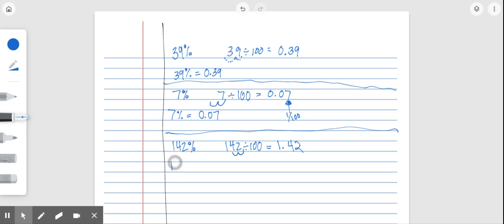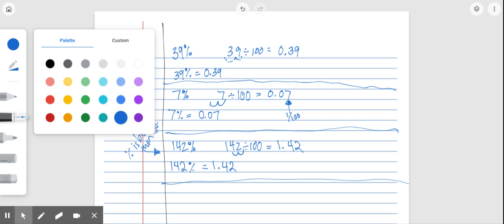So 142% is 1 and 42/100ths. So sometimes when you convert a percent to a decimal, it will have a whole number component. But that's only if your percent is bigger than 100. Okay.